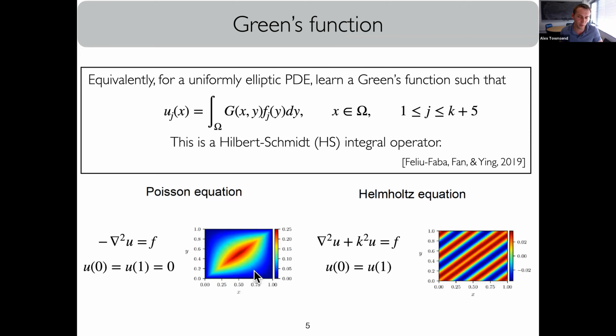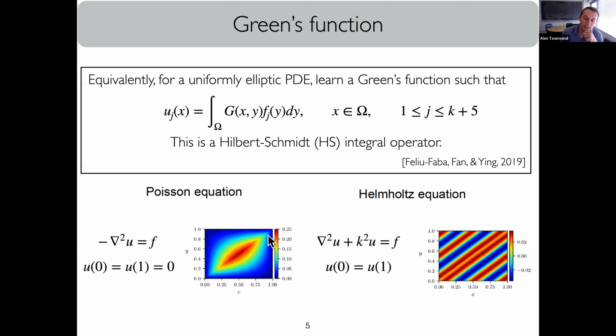So this is what it looks like in 1D. They're very hard to visualize in higher dimensions, so I just do the 1D visualizations. So you give me Poisson with 0 boundary conditions in 1D, then this is the Green's function. This is the function that sits inside this integral that maps the right-hand side f's to the solution u. And you can see it's smooth everywhere apart from there.